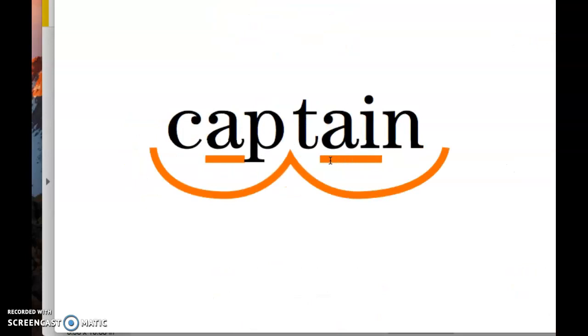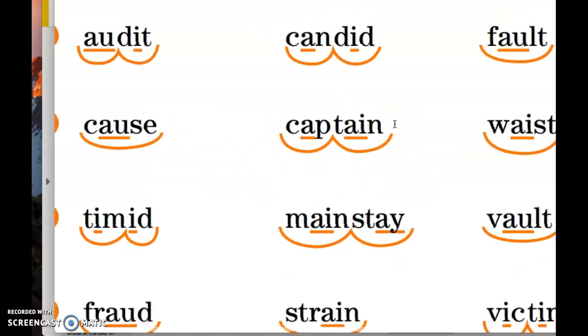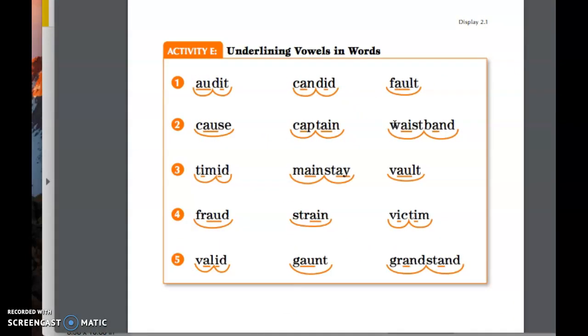Look at line 2, second word. Underline the A, underline the AI. Cap, tain. Captain. But we really don't say captain. You would be pronouncing it right. It's captain.